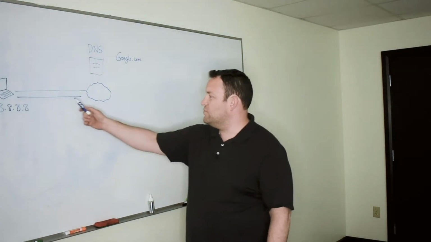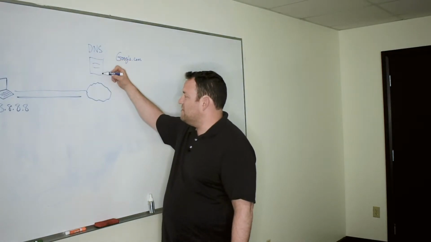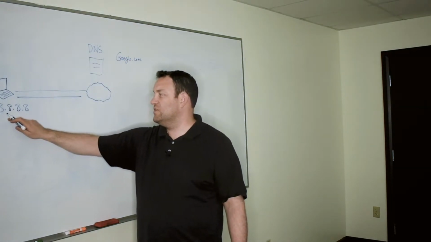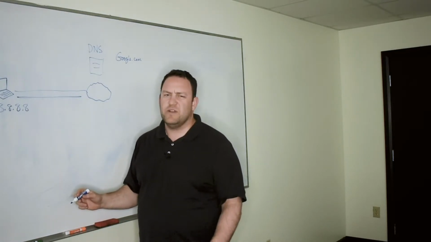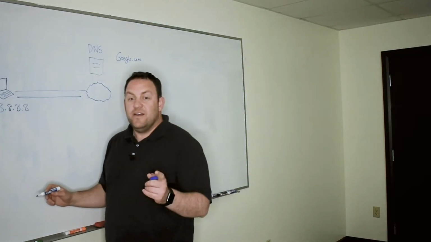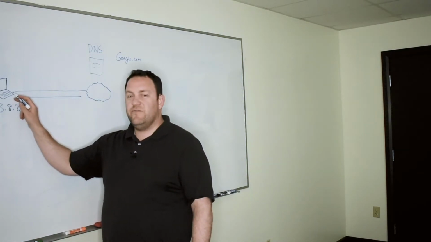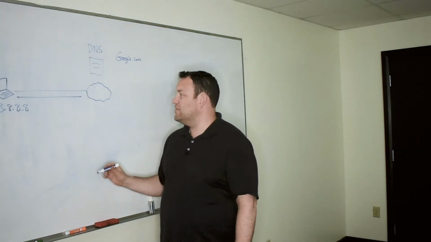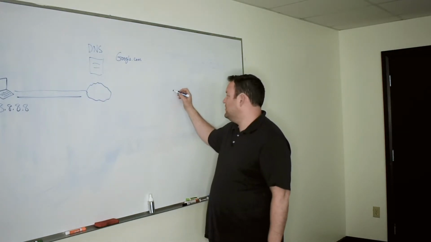So once this request goes out for Google.com and the response is given to us from the DNS server that Google.com lives at 8.8.8.8, maybe I threw an extra 8 in there, I'm not sure. But once we get this back, our computer can then formulate the packets of information it's going to send out to Google.com.